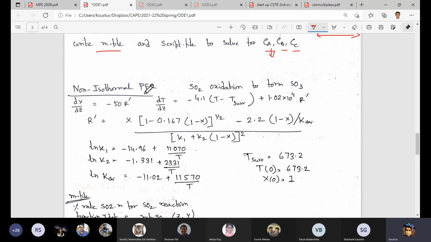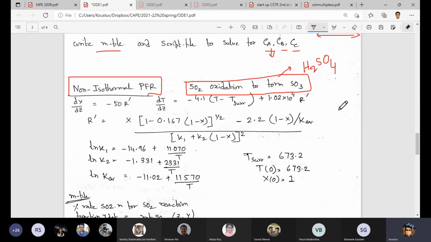Now, one more example is with respect to this non-isothermal PFR, typically the sulfur dioxide oxidation to form SO3, because this is one important step in sulfuric acid manufacturing. This sulfur dioxide oxidation to form sulfur trioxide is one of the major industrial reactions that happen in a PFR, and this is a catalytic reaction.